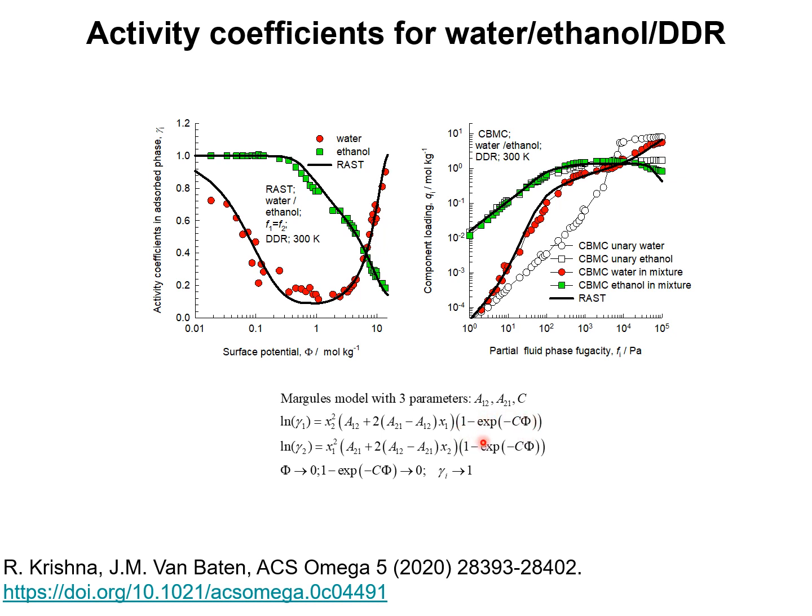This factor ensures the right limiting behavior at low pore occupancies. Indeed, for phi tending to 0, this correction factor 1 minus exponent minus C times phi will tend to 0, and therefore the activity coefficients of both species should be unity.